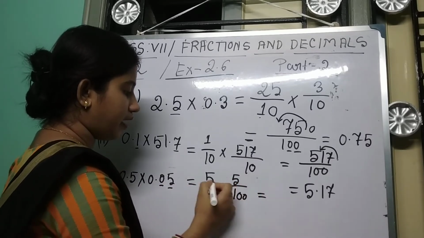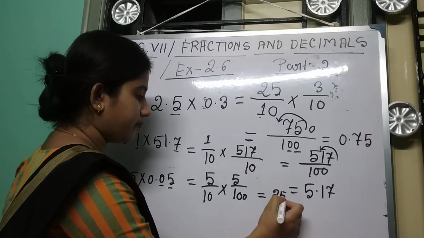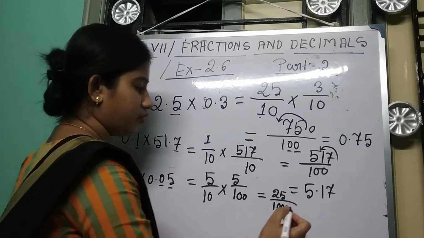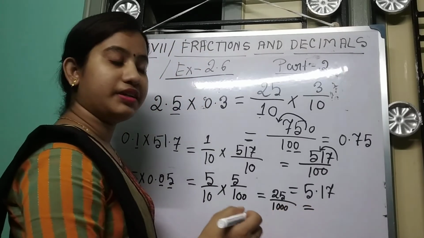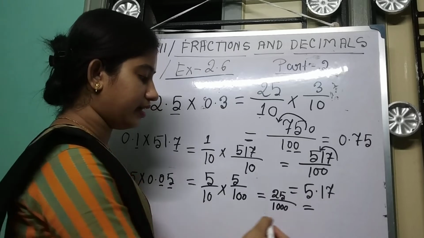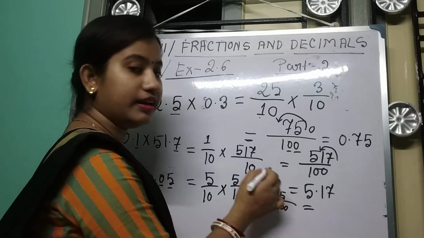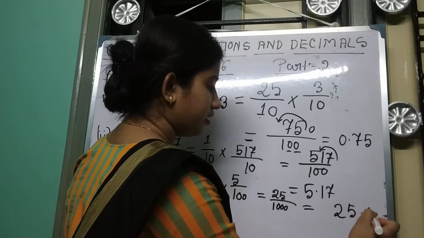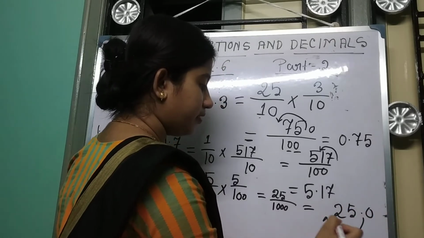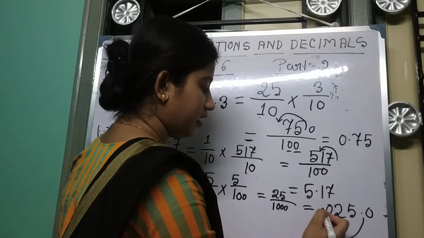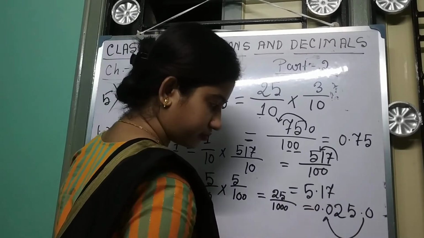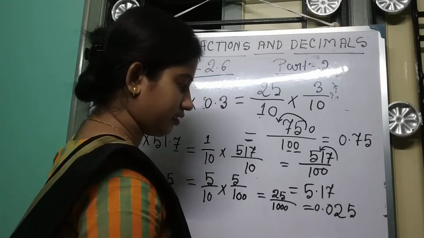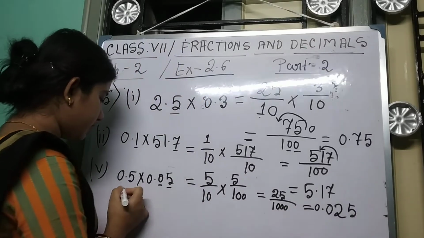Now we get 5 into 5, that is 25, by 1000, with 3 zeros. So we shift the decimal point by 3 places to the left. We should write 0 here and here. So this number is 0.025. This is the number after multiplication.